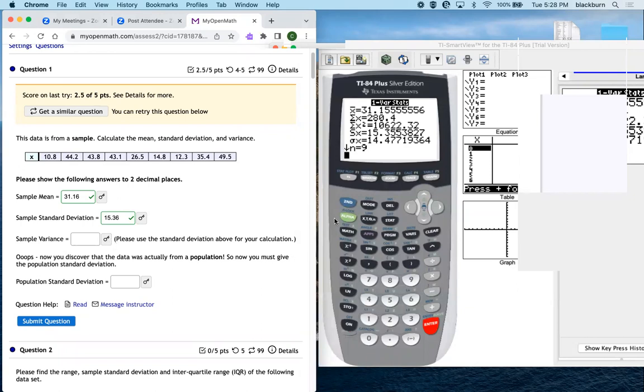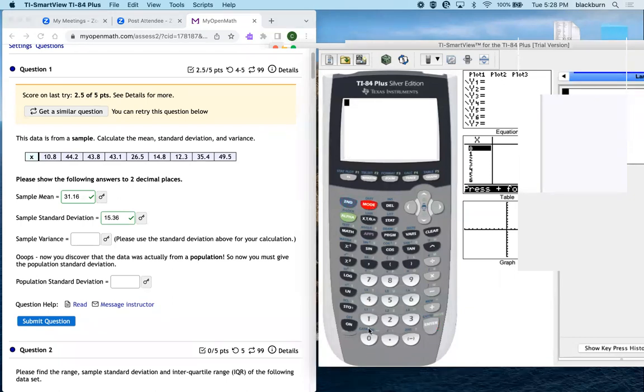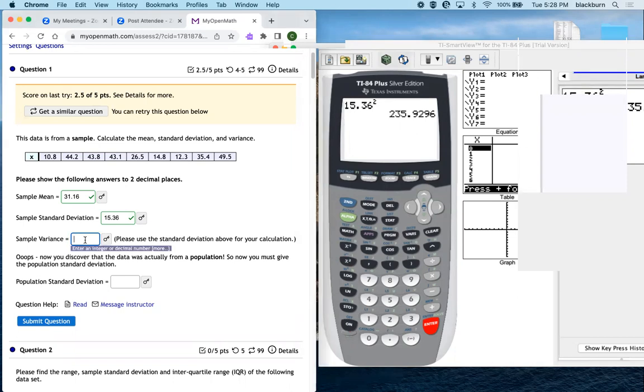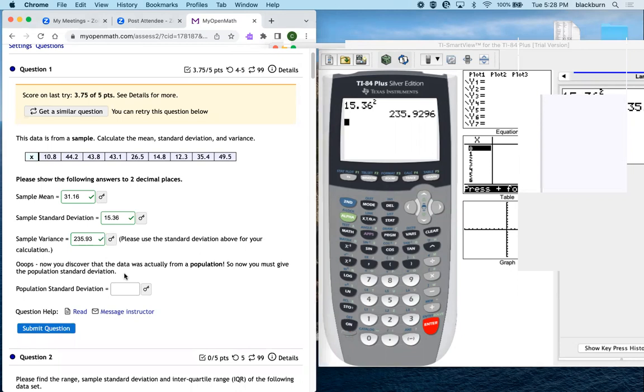So I would actually have to calculate 15.36 squared. I'm not sure why they would ask that, truthfully. But 15.36 squared is going to be our variance, 235.93. And please round to what they say to round to, because otherwise you may get it wrong.